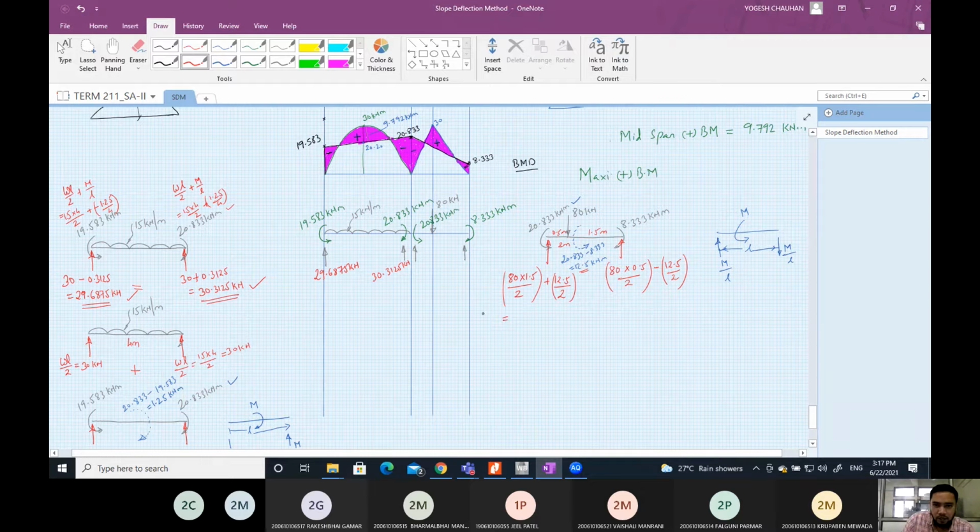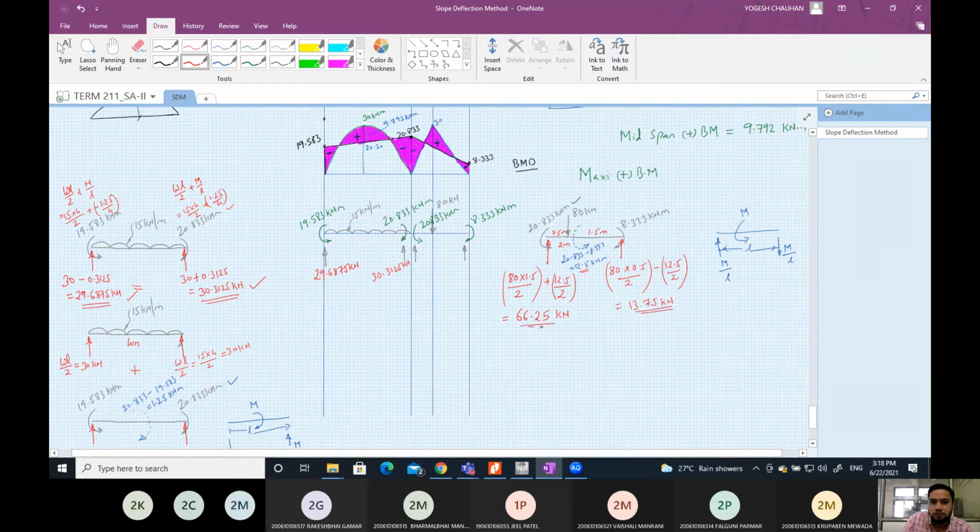66.25 kilonewton at C, and on the other side it will be 13.75. 80 into 0.5 by 2 minus 12.5 by 2, that will give you 13.75 kilonewton.